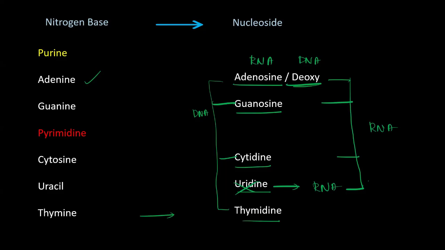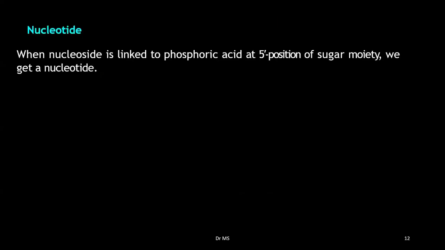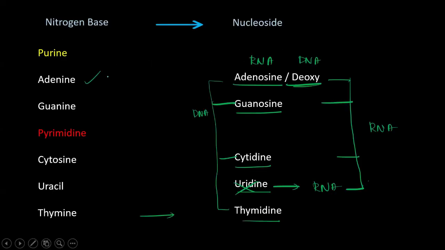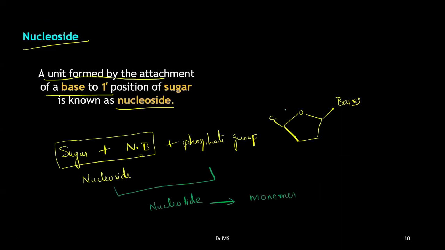So how do these things join? When a nucleoside is linked to the phosphoric acid at the fifth position of the sugar, the nitrogen base attaches on the first carbon, whereas the phosphate group attaches on the fifth carbon. Remember that. So on the fifth carbon you will have the phosphate group, and on the first carbon you will have the nitrogen base.